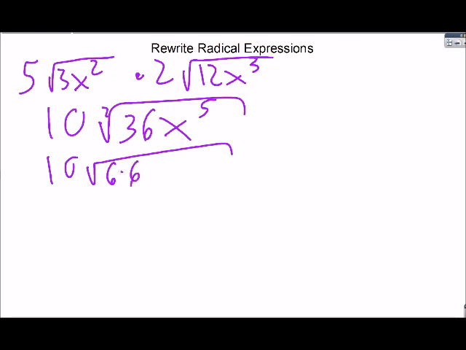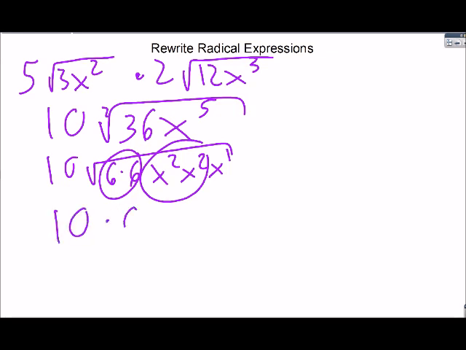So 6 times 6, x squared, x1. These add up back to 5. These multiply back up to 36. There's a pair. There's a pair. Those get to come out. This doesn't have a pair, so it stays in. And then I multiply what's on the outside.